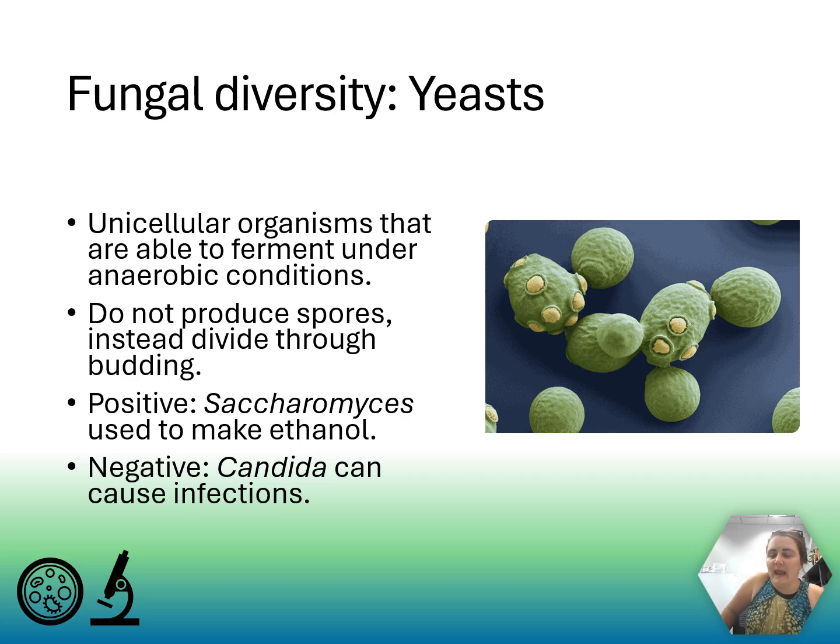So fermentation tanks, anaerobic reactors can use yeast sometimes instead of bacteria because yeast do a lot of the same kind of things that bacteria do, but they have a slightly different structure. Yeast are not sporulating. They don't produce spores. They divide through budding.